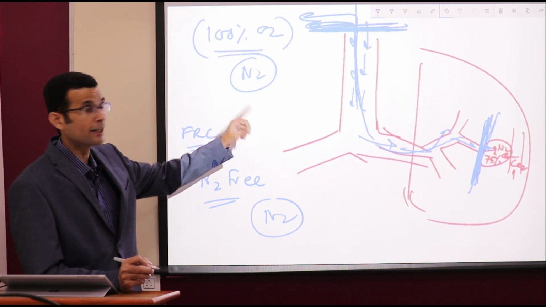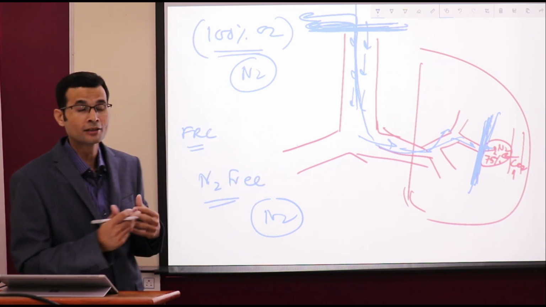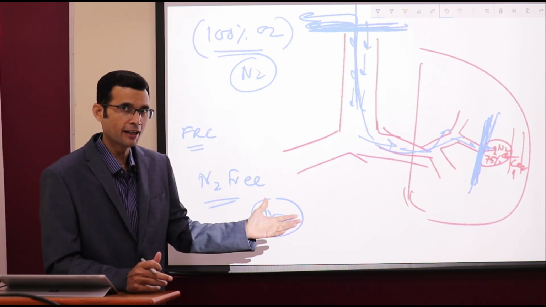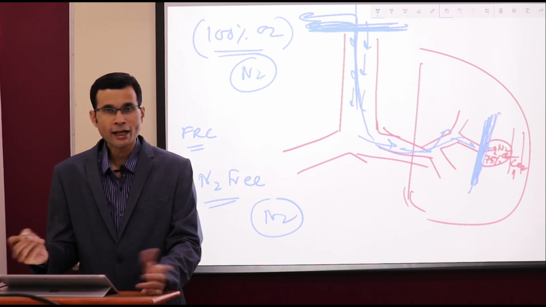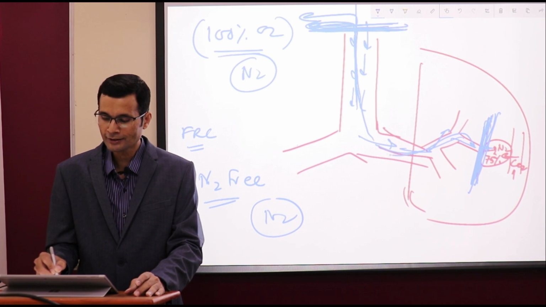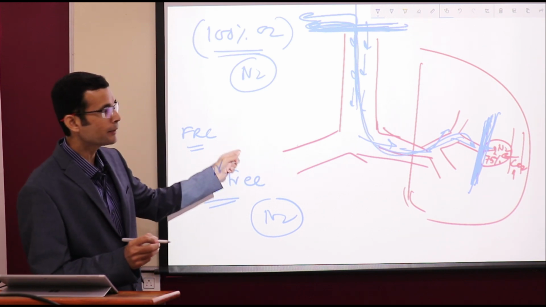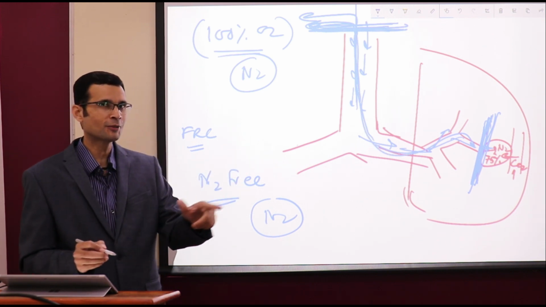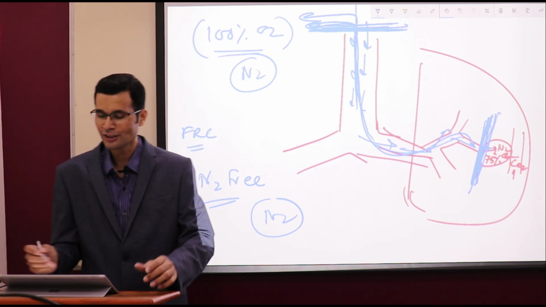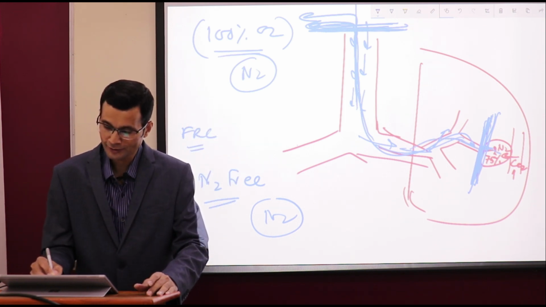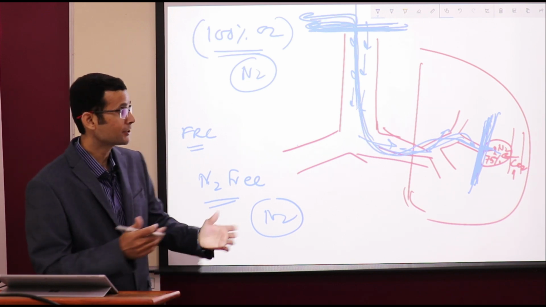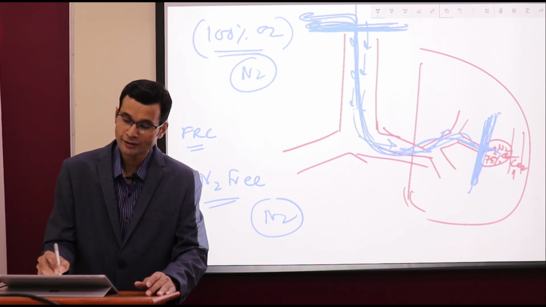We are analyzing the exhaled air for its nitrogen content. So initially no nitrogen, because that was the dead space air coming from the anatomic dead space. It contains purely oxygen because we had given 100% oxygen, and then the later part starts coming from the alveolus.